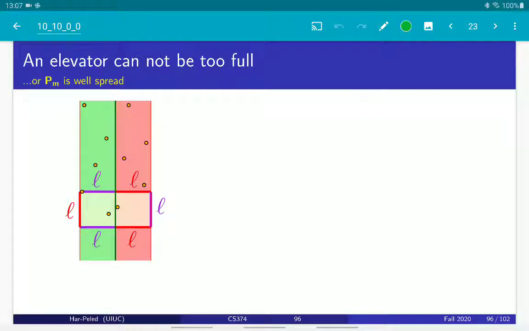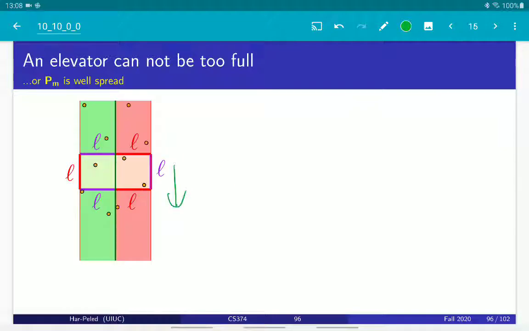Every time that a point leaves or enters, the elevator stops and lets them leave or enter, right? Now, the critical observation, of course, is that since a point enters the elevator once and leaves the elevator once, there are only 2 critical times where the elevator needs to stop, right?